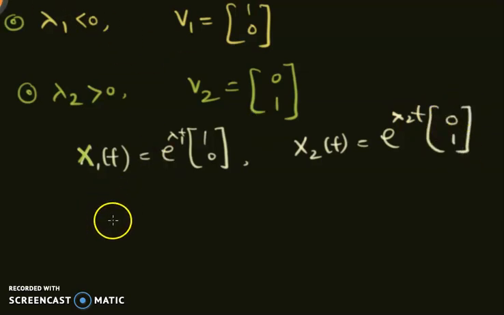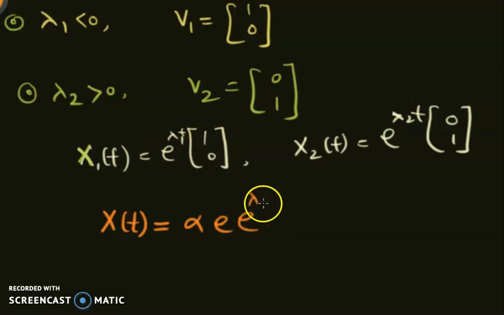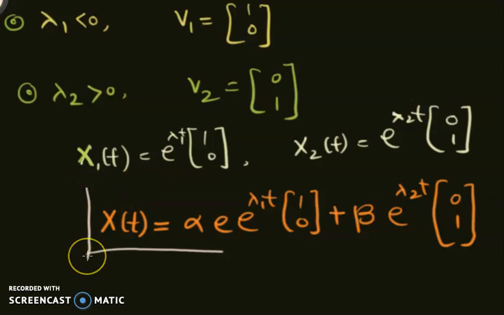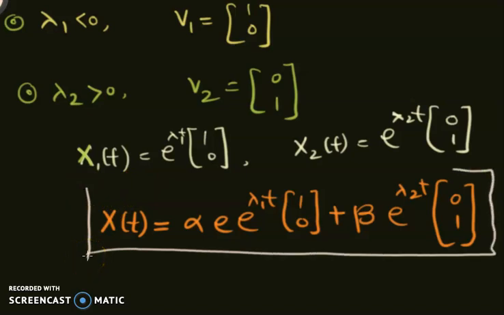In this way, the general solution would look like x of t equal to alpha times e to the lambda 1 t times 1, 0, plus beta times e to the lambda 2 t times 0, 1. So this is really going to be the general solution to my considered system, where lambda 1 is less than 0 and lambda 2 is greater than 0.